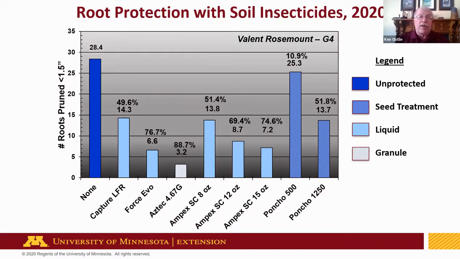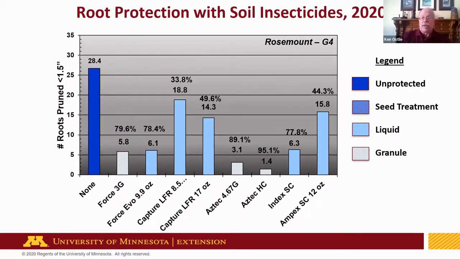Then we take a look at the liquids, and you can see that Capture and Ampex are offering that intermediate level of control. You're getting better control with higher rates in this field with Force Evo and with the higher rates of Ampex. But the best performing products over the long run are the granules. And you can see Aztec 4.67 is giving us almost 90% control.